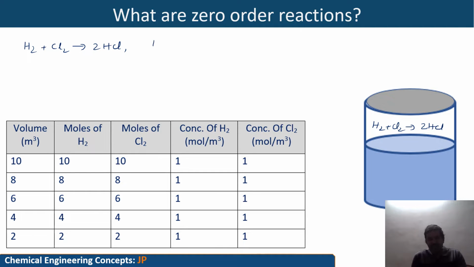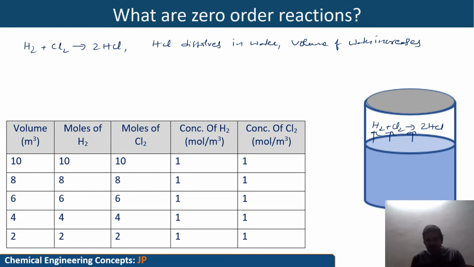As the HCl forms, this HCl dissolves in water, so the volume of water increases, and thereby the volume available for the H2 and chlorine gas decreases.